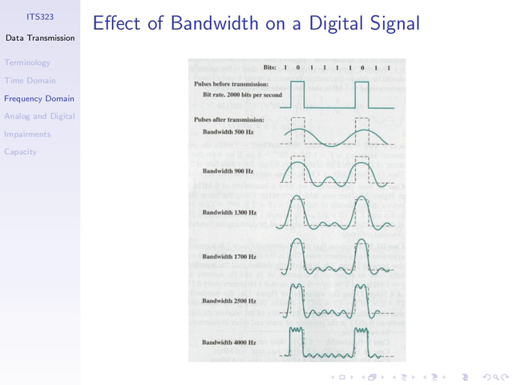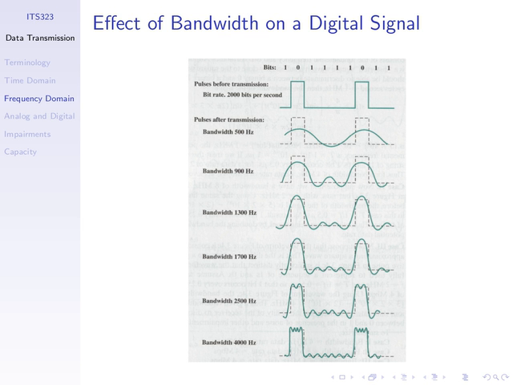Add some random variations to that. Now the receiver receives the red signal. It's much harder to determine, is this all high or all low? Does this represent a bit 0 or a bit 1?